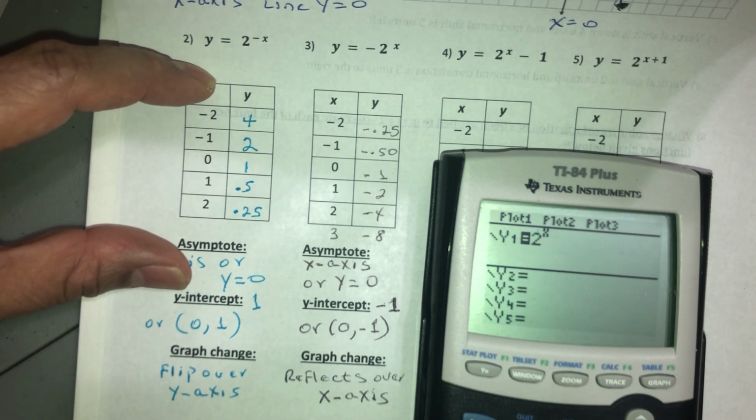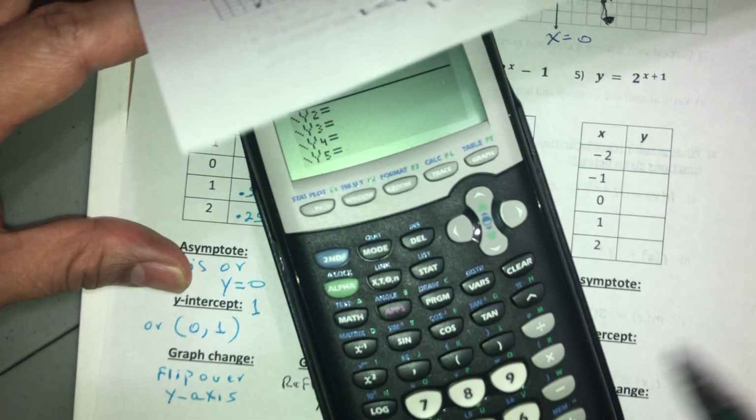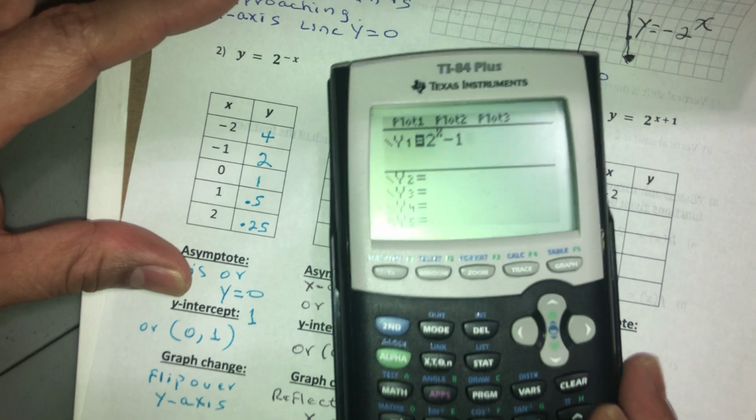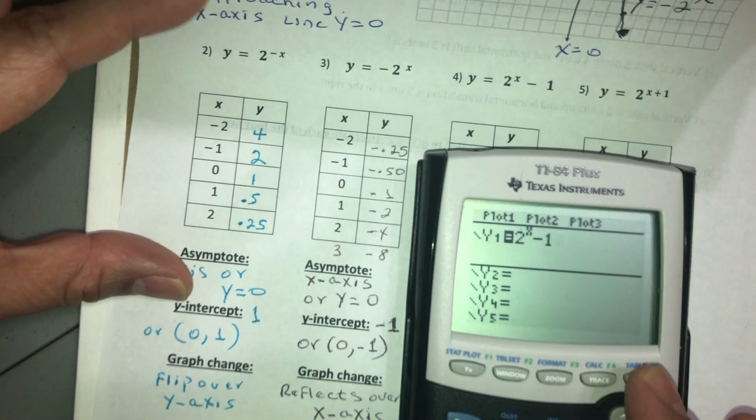So I hit the button to exit, and now I type minus. We use the minus button because it's a subtraction, -1. It's always a big difference between the minus and the negative sign, so be careful. If you have something crazy like an arrow, maybe instead of the minus sign you used the negative sign. So let's graph and see how the graph is going to look.